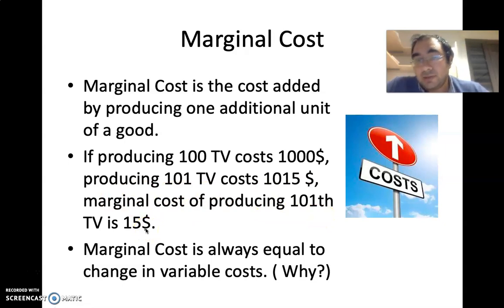As I said, finding the marginal cost for one TV might be difficult if you need to hire workers one by one, because one worker increases the number of TVs by more than one, maybe two, three, four, five. In that case, you can only find the average marginal cost for all those 5 TVs.